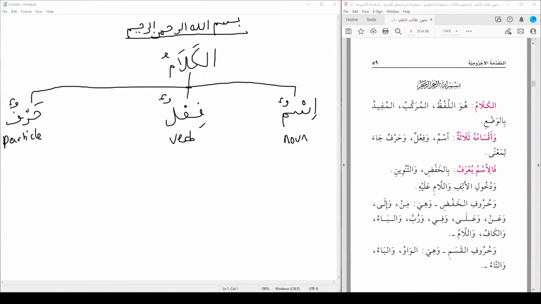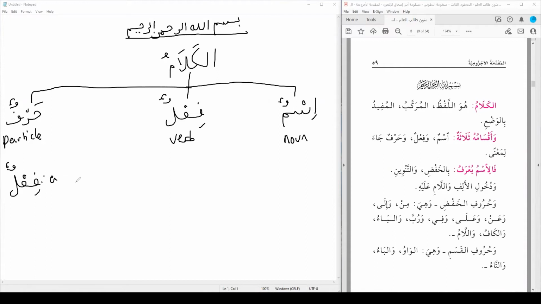And then the author, the second type is fi'l. Fi'lun, which means verb. In Arabic, they say ما دل على معنى في نفسه ويقترن بزمن.